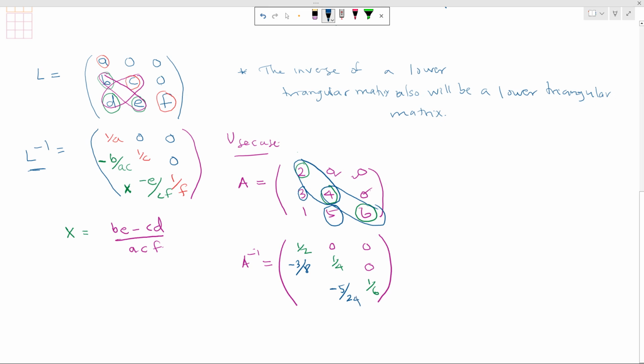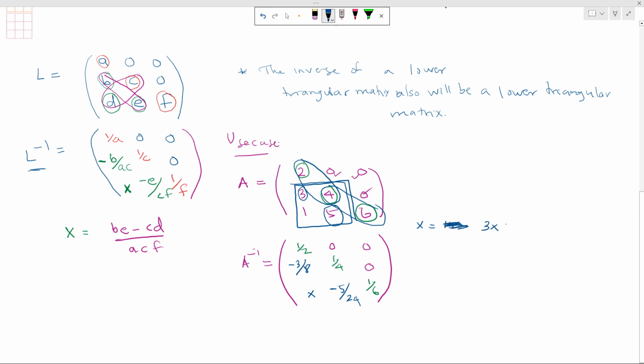Now I have to find out this value. Let me take it as x. Then x is equal to, you just consider these, right? Then the determinant, 3 times 5, 15, minus 1 times 4, right? If I write in this way, then you can easily understand, right?